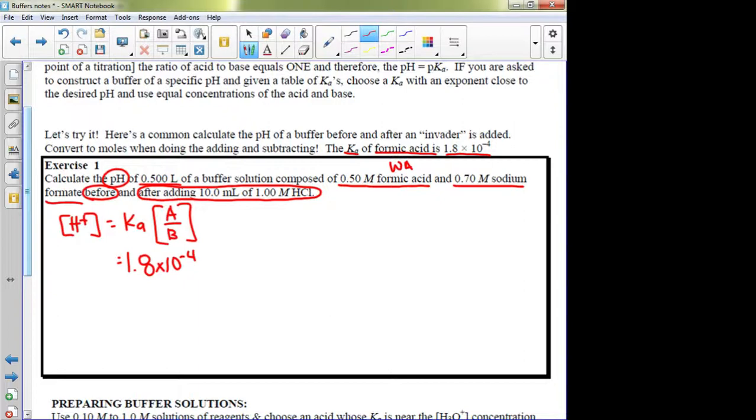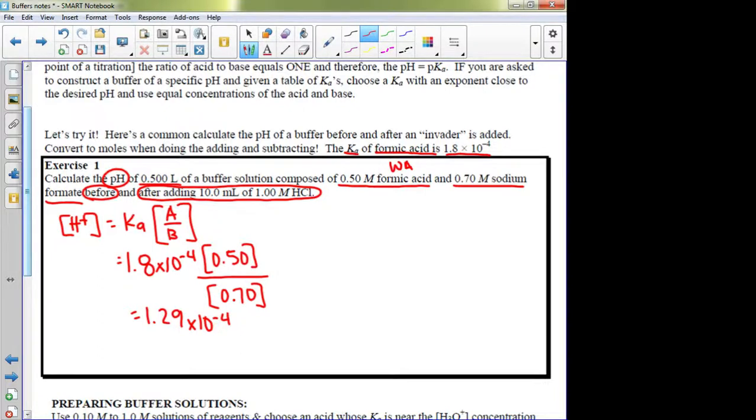Do I know the concentration of the acid? Yes. What is the concentration of the acid? 0.50 molar. What is the concentration of the base? 0.70 molar. Can I solve for the concentration of hydrogen? Yes. I put it all in my calculator, and I get that the concentration of hydrogen is equal to 1.29 times 10 to the negative 4.